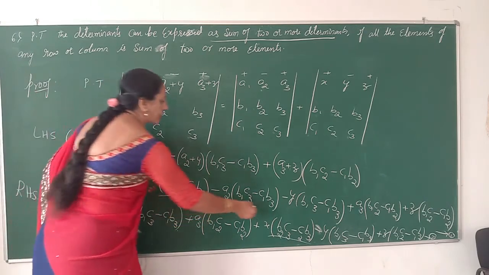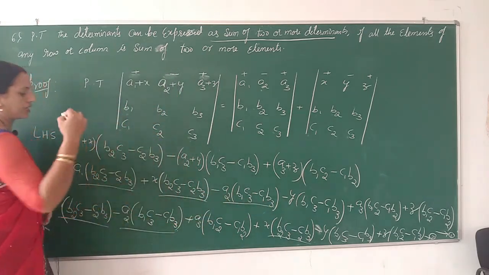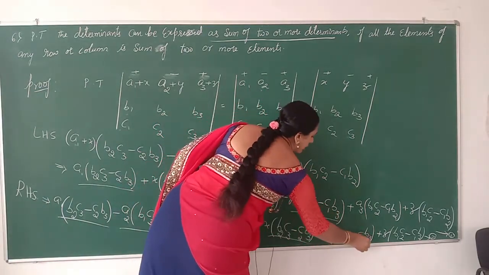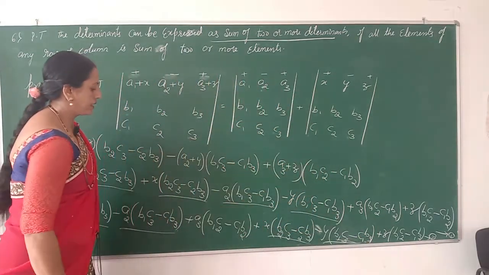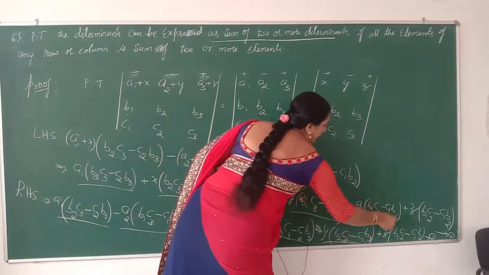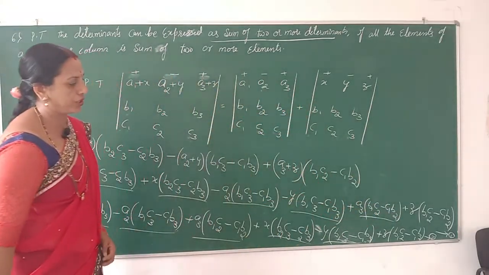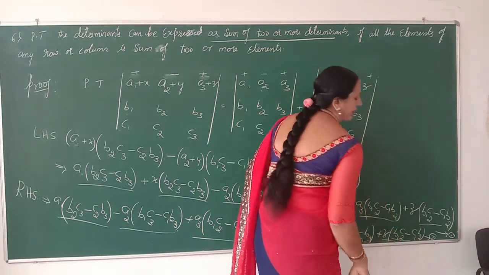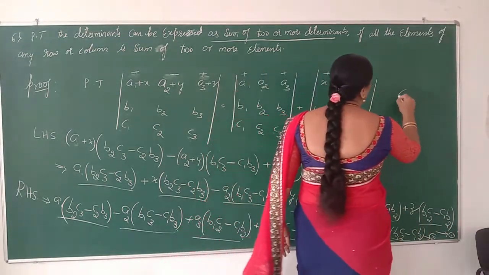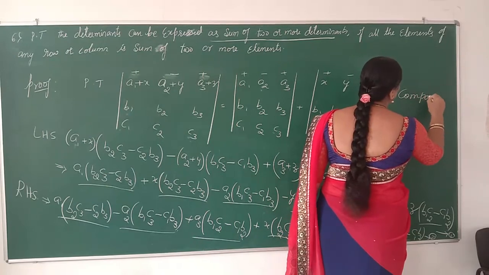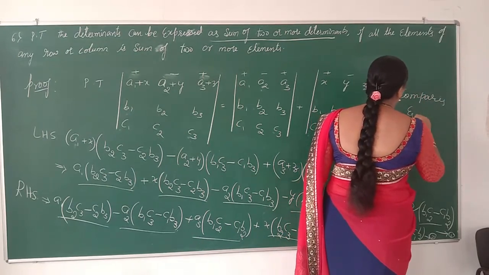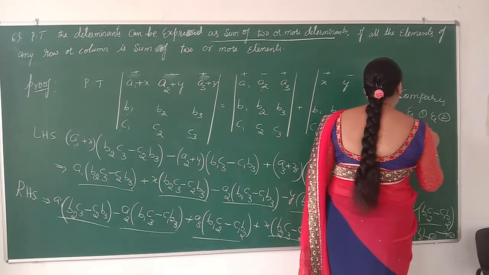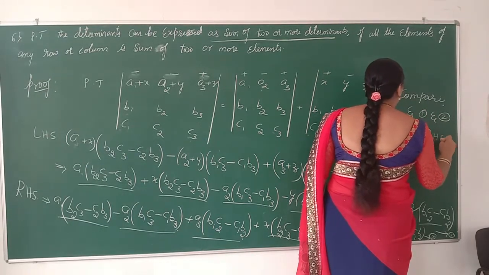The third pair, minus A2 of B1C3 minus C1B3, minus Y of, these will be equal to each other, plus A3 of, the A3 terms will be equal to each other, and the last element is plus Z of, these are also equal to each other. Therefore, comparing equations 1 and 2, LHS is equal to RHS.